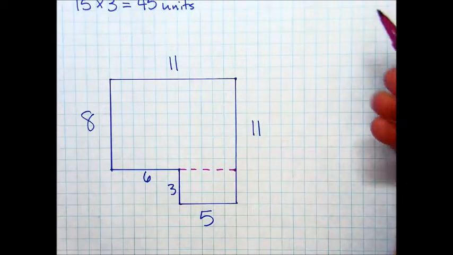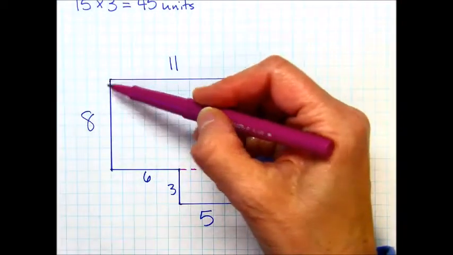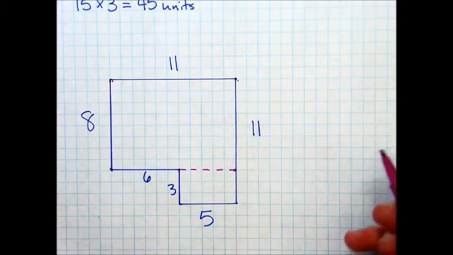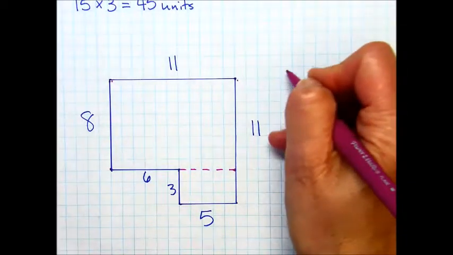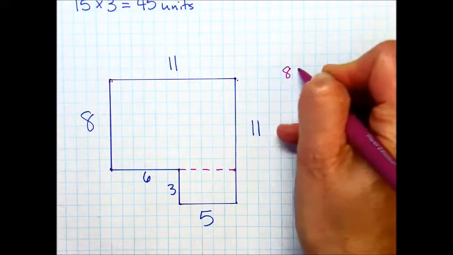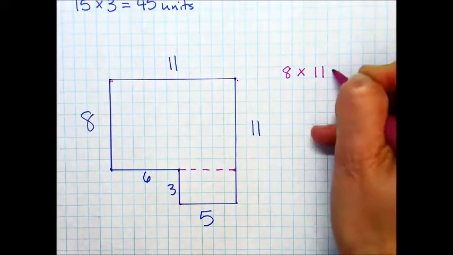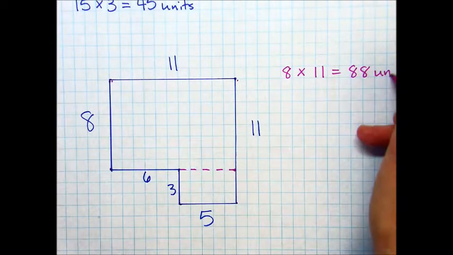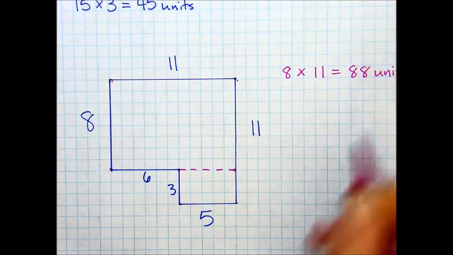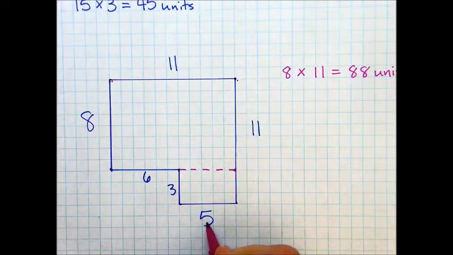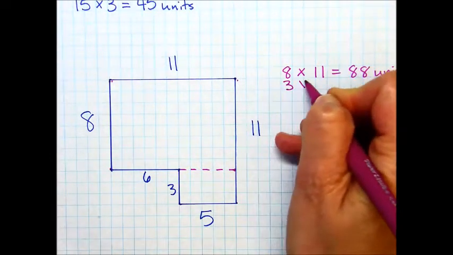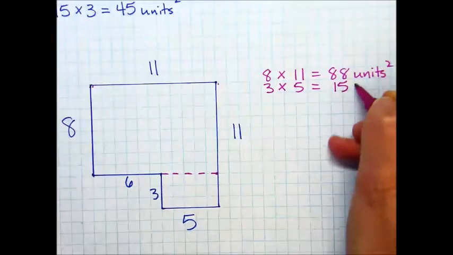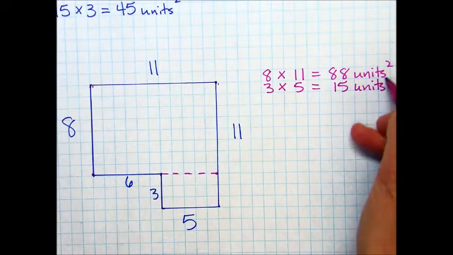So in this problem, we have 8 rows and 11 columns. So 8 times 11 is 88 square units, and 3 times 5 is 15 units squared.